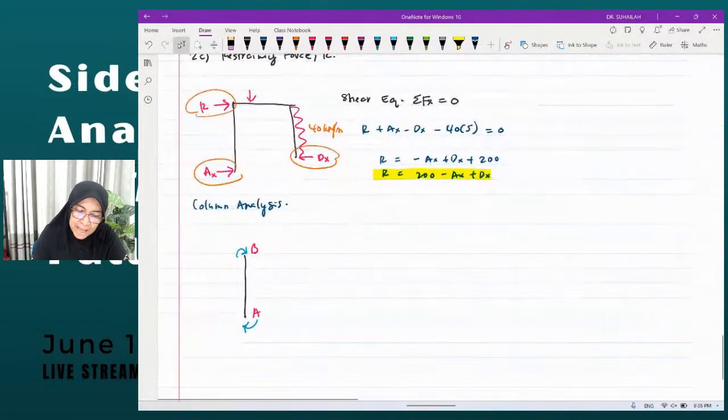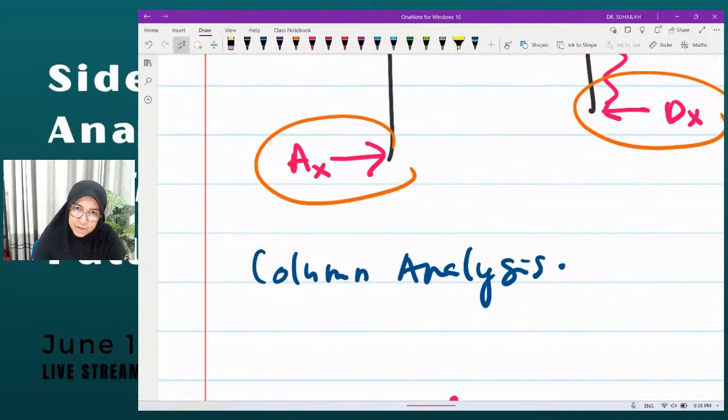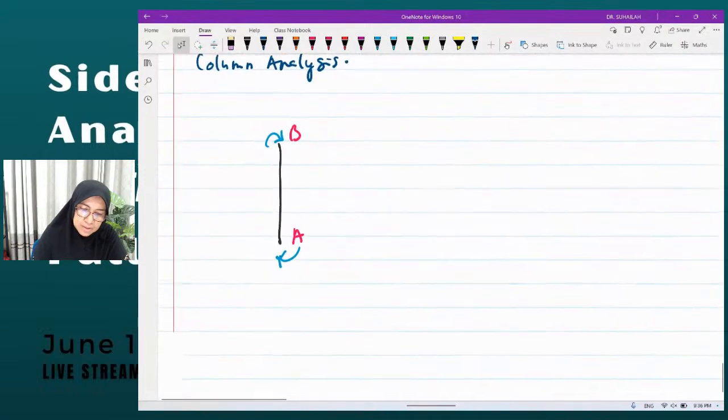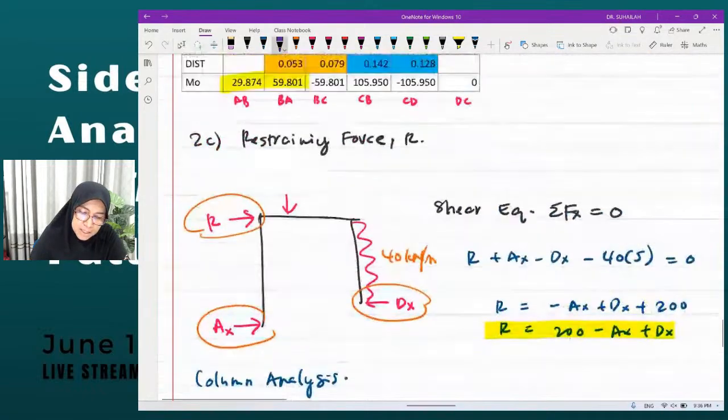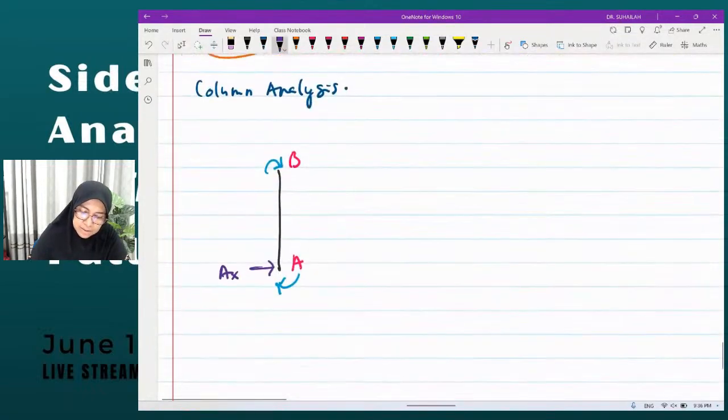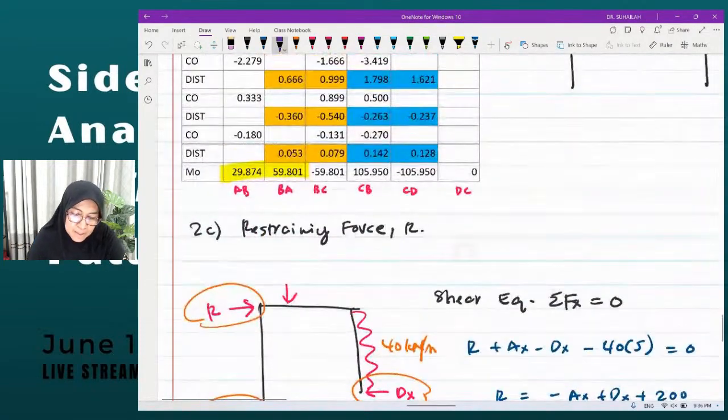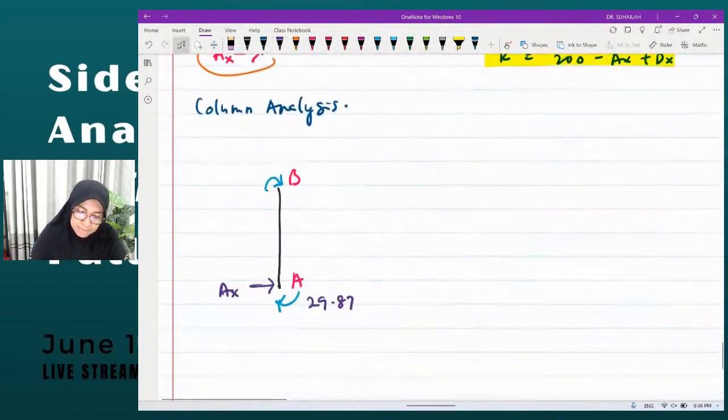Okay, AX, in this direction, AX. 29.87 and 59.8.